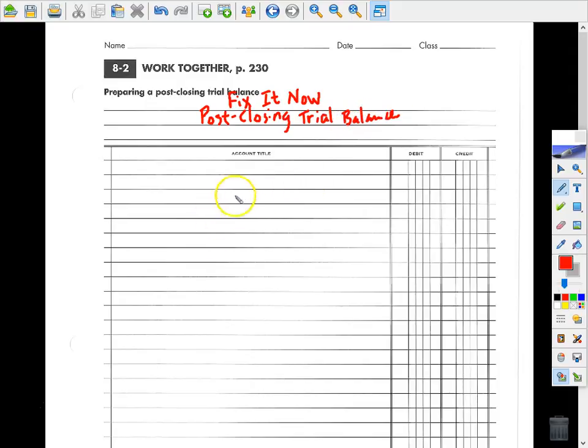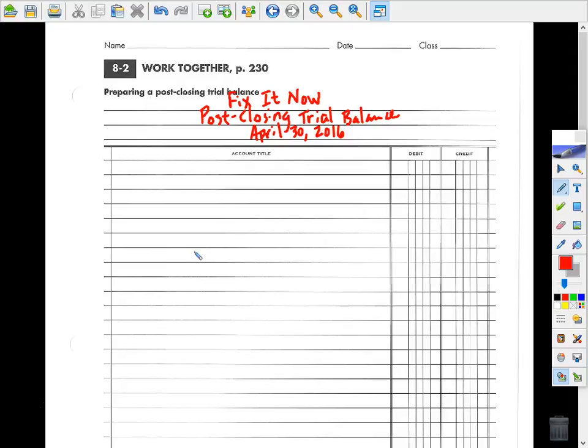And the date of the post-closing trial balance will always be the last day of the month. In this case, it's April the 30th. Okay, so that's the heading: company name, form name, date.